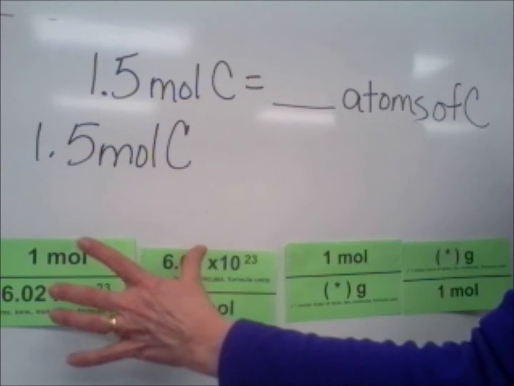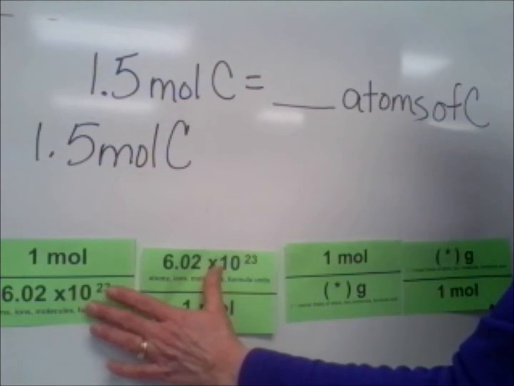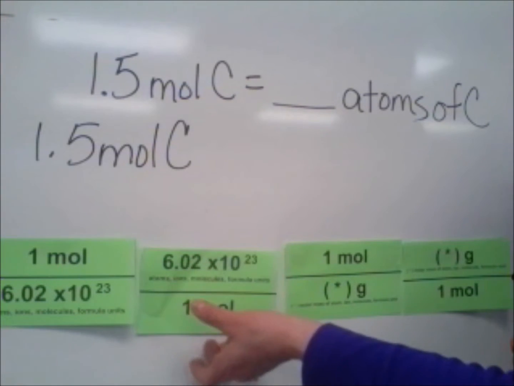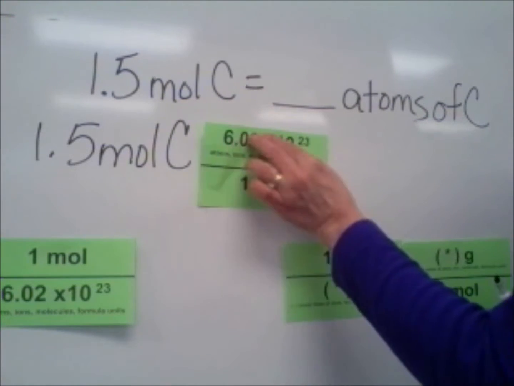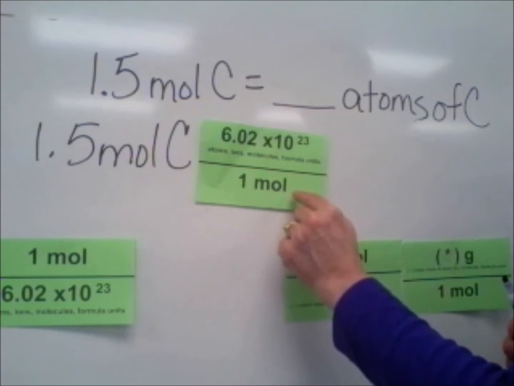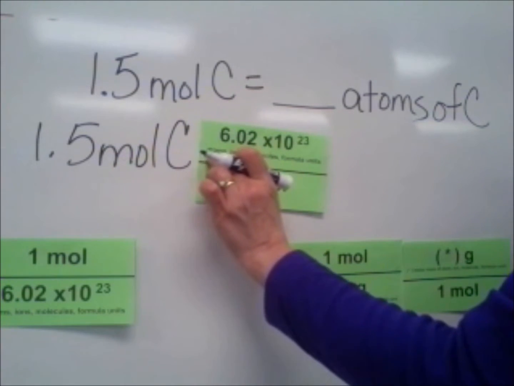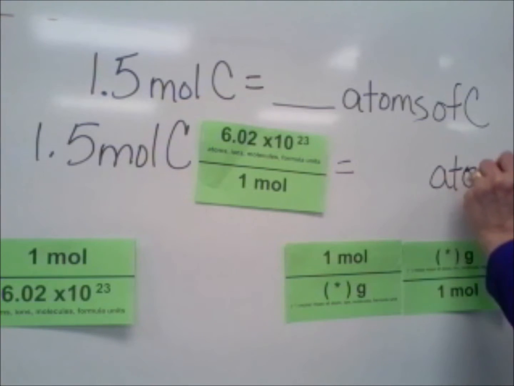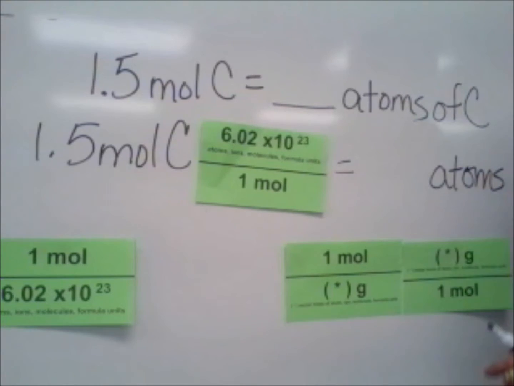Now, the conversion factor that we're going to use is going to be one of these two, the mole to particle conversion, but we need to have our moles on the bottom so that the moles will cancel out. And our new unit will be the unit that is on the top, the number of atoms. So positioning our units has to come first.